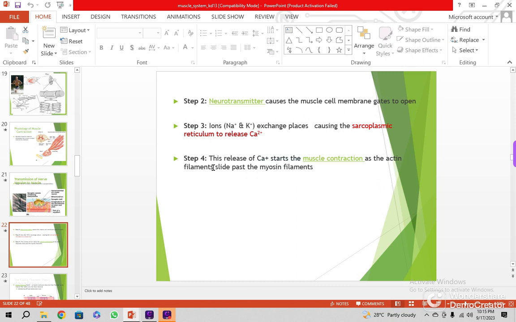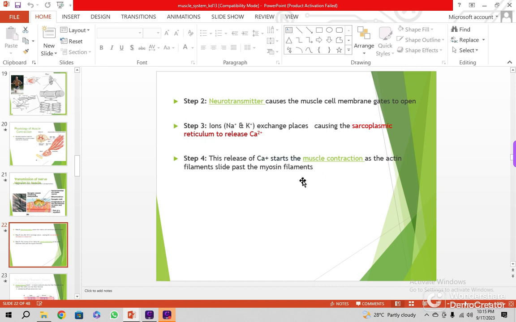Step 3: as far as contraction is concerned, ions, sodium and potassium, exchange place depending upon the channels, causing the sarcoplasmic reticulum to release calcium. Now this is the generation of the resting membrane potential. Step 4: the calcium will be released again through its channel and starts the muscle contraction, which is what is called the action potential.